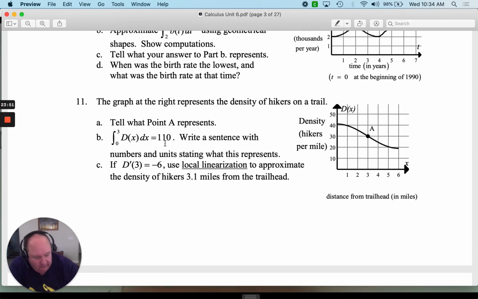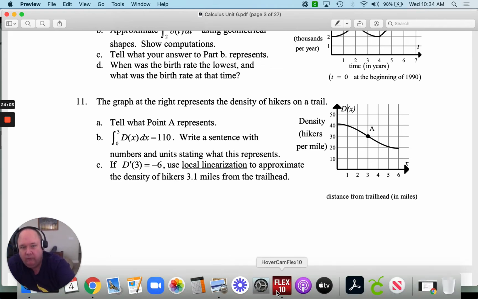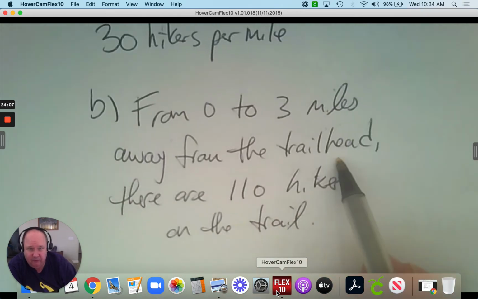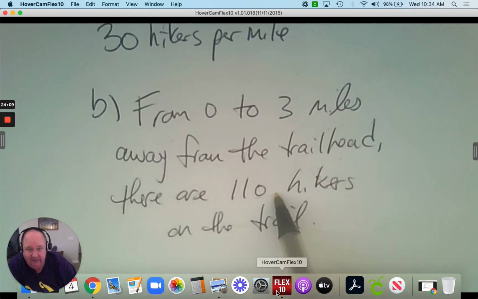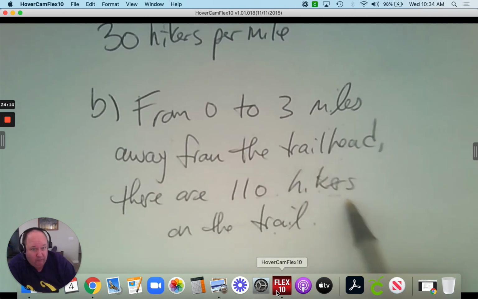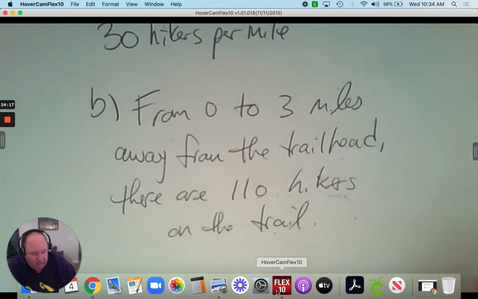There are 110 hikers on the trail. So from 0 to 3 miles away from the trailhead, there are 110 hikers on the trail. Remember again, the rate was hikers per mile. So when you integrate, it's just what the unit is, which in this case is hikers.